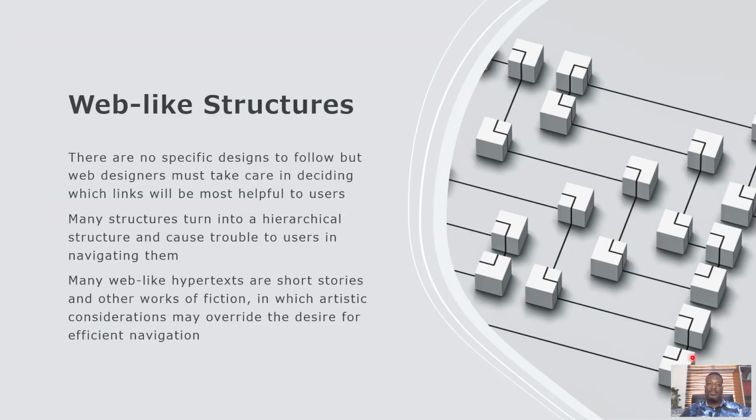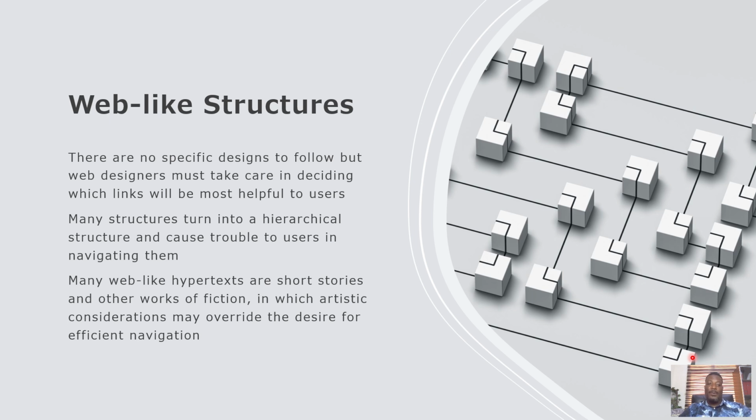So with the web-like structure, as I said, there are no specific designs to follow, but the web designer must take care in deciding which links will be the most helpful to the user. Many of such structures turn into a hierarchical structure and cause trouble to users when they navigate them. Sometimes it could happen.